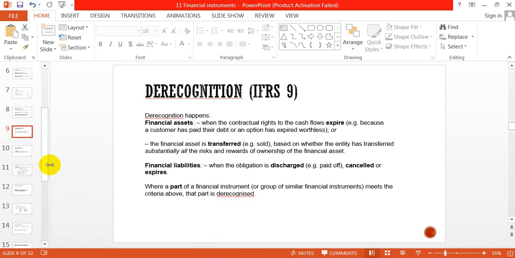Derecognition, when do you derecognize a financial instrument or a financial liability? Is that the same as all the other things we've done?